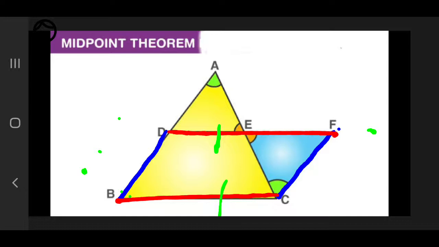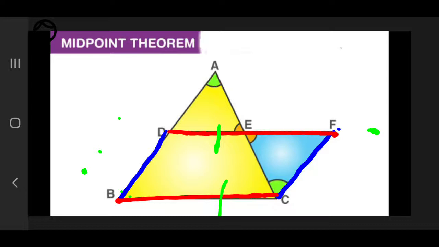We know that DB is parallel to CF, but it is not given that DB equals CF. If DB equals CF, we can tell DFCB is a parallelogram. So, here we have to prove that DB is equal to CF.